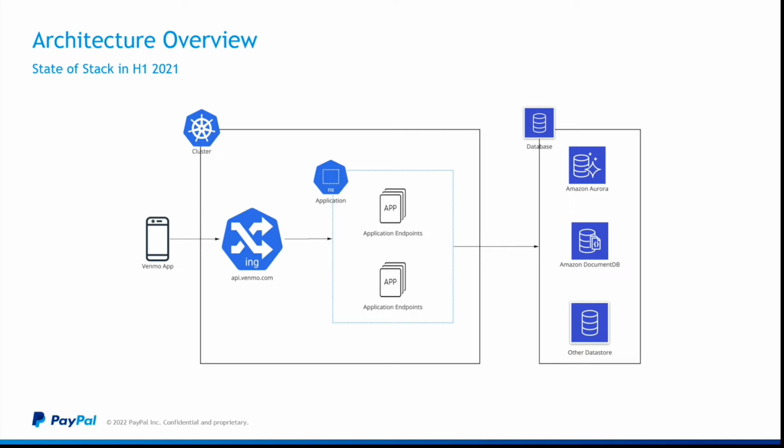As you see, there are multiple endpoints that are part of this particular namespace. So if one of the endpoints starts having some performance issues, starts observing some latency for whatever reason, the issue quickly cascades into other endpoints which are part of this namespace.